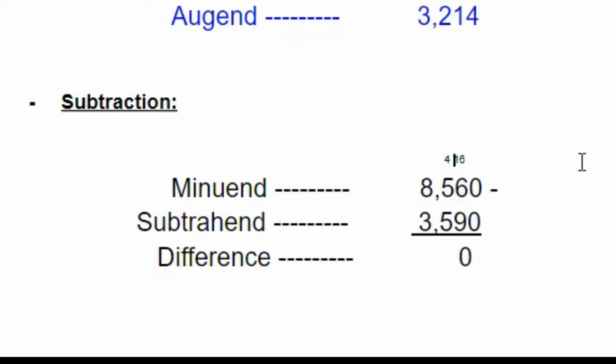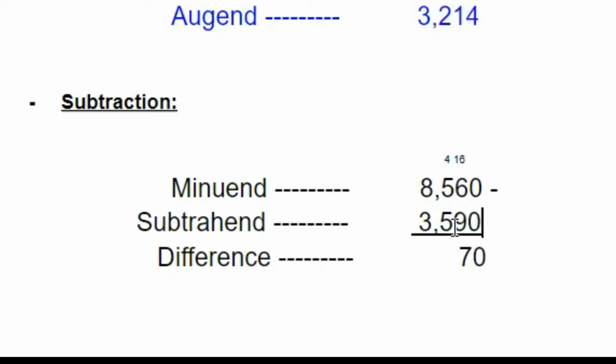So 16 minus 9, how much is it? 16 minus 9 equals 7. And then now the hundreds place, 4, because 5 is already gone.